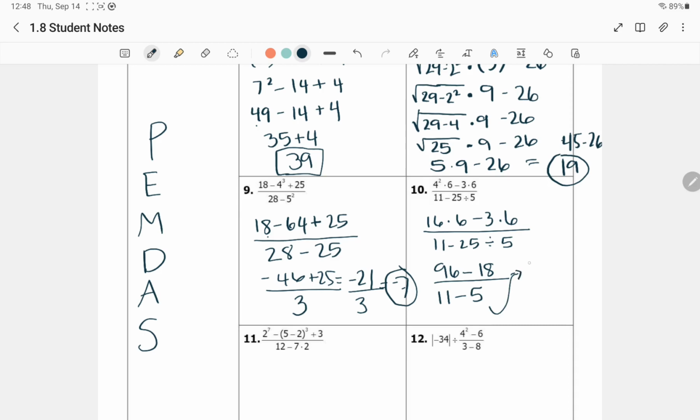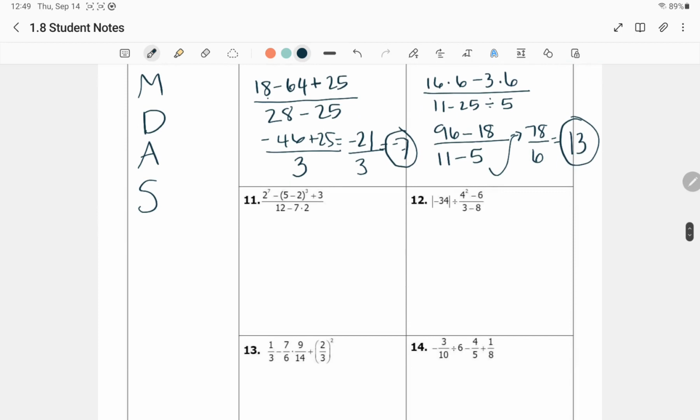Then we have 96 minus 18 is 78. 78 over 6, because 11 minus 5 is 6. And I'm pretty sure 6 can go into 78 13 times. Yep, 13 times. Perfect. All right. Let's keep going.